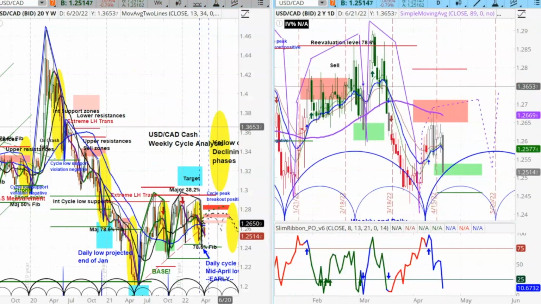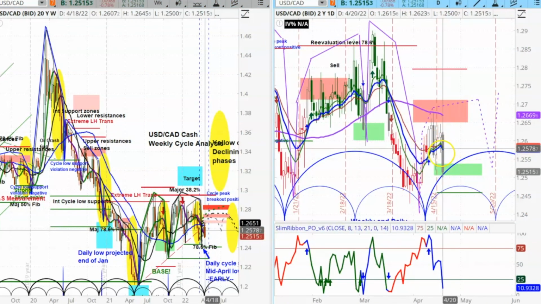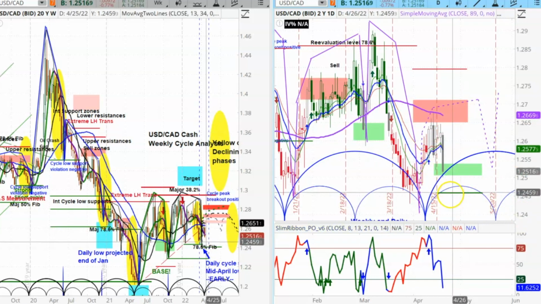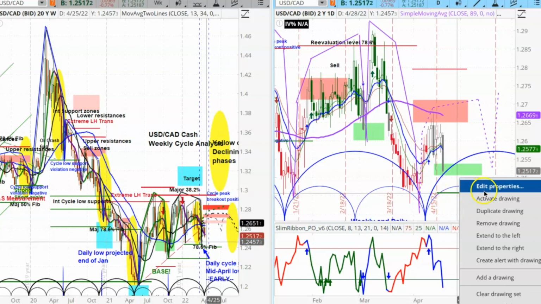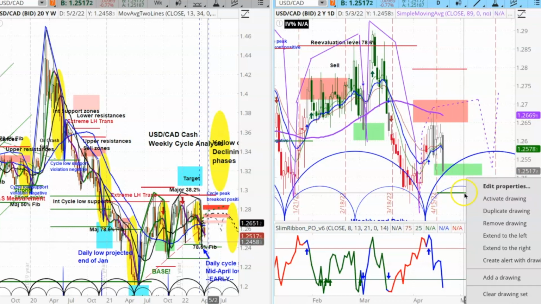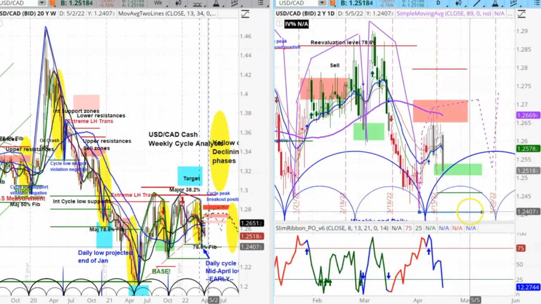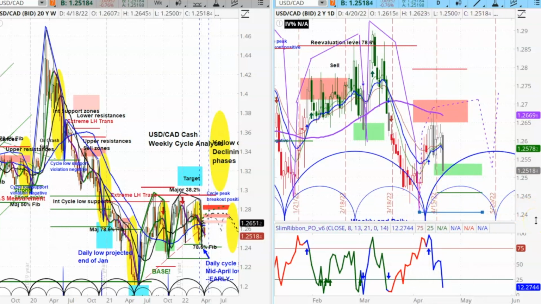Here's your daily pattern right in here, and you can see this big give back right there as it comes back down to the support area. There's your 78.6 right over there, and I'm just going to duplicate that and put this down at that low right there. And that's the point where if it breaks underneath that 124, it's pretty bad.